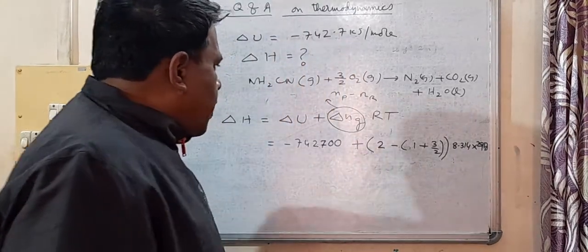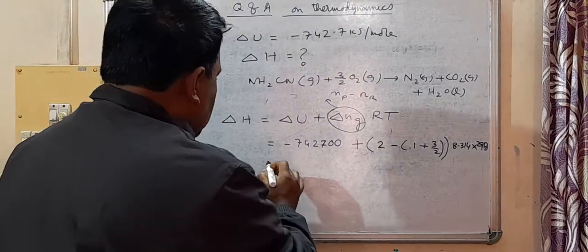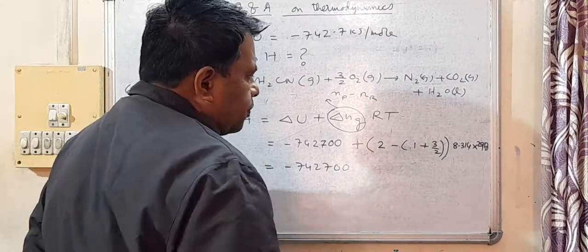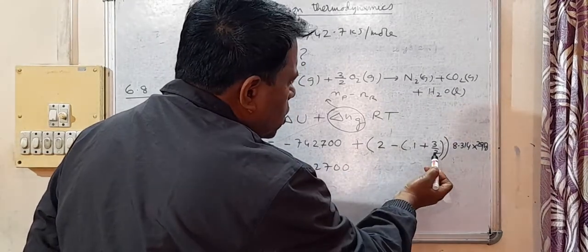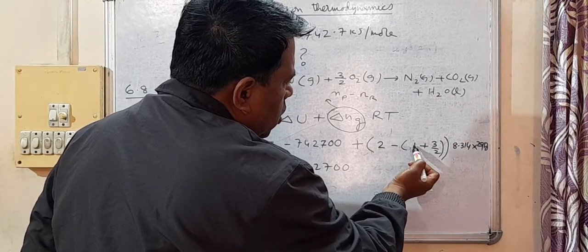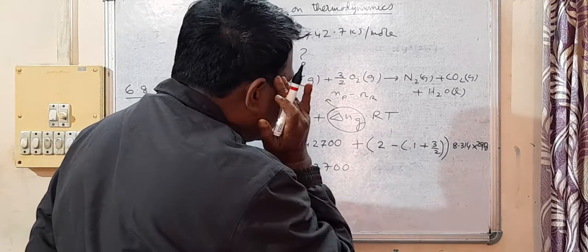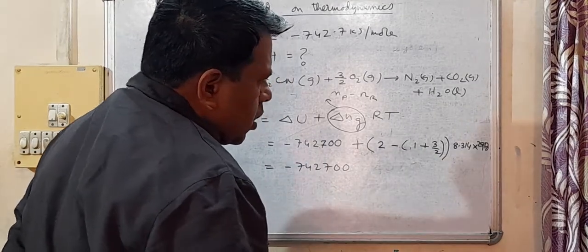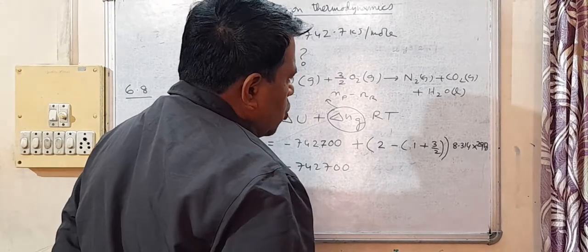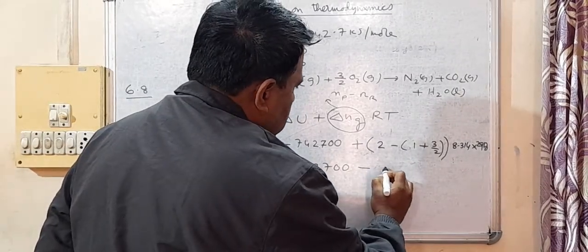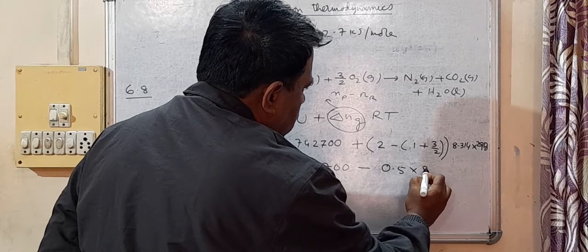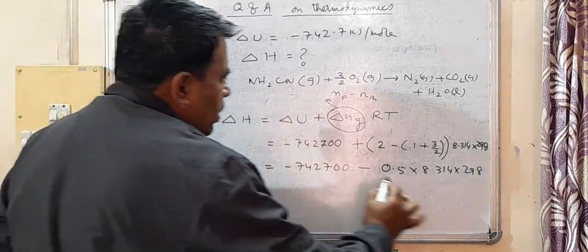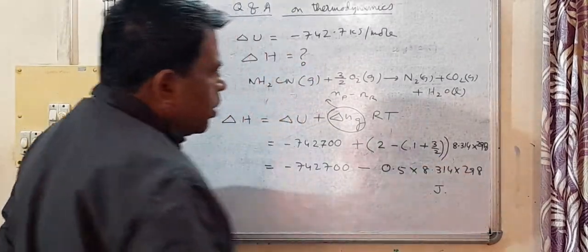I am writing one more step: minus 742,700, and this is 2 minus 2.5, which is minus 0.5. So minus 0.5 into 8.314 into 298. You simplify, this is the answer that will come in joules.